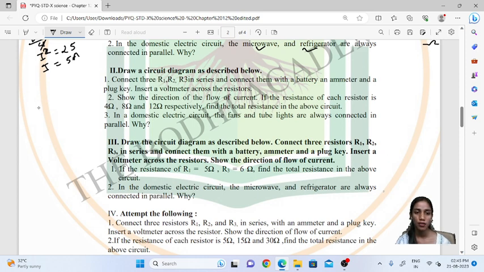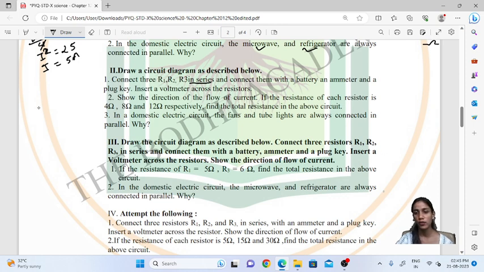Connect 3 resistors R1, R2, R3 in series and connect them with a battery, ammeter and plug key. Insert a voltmeter. Again, you have to draw the circuit diagram in series connection, showing the direction of the flow of current. If the resistance of each resistor is 4, 8 and 12 ohms respectively, find the total resistance in the above circuit.